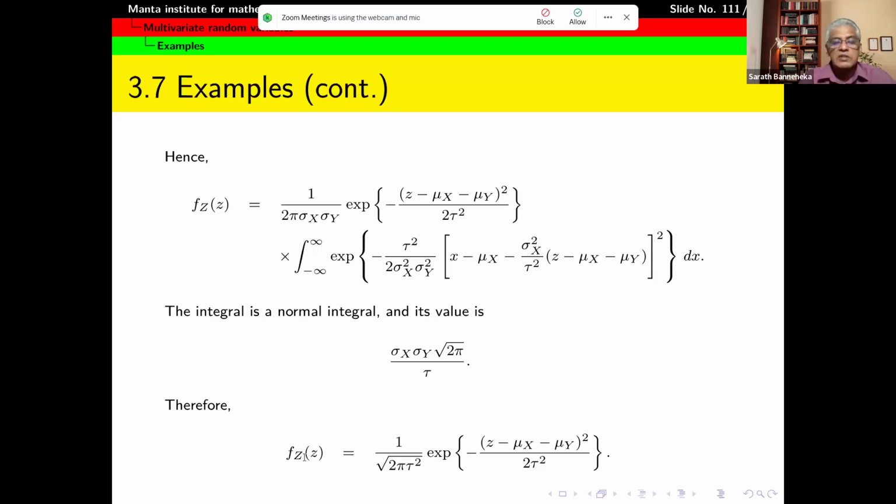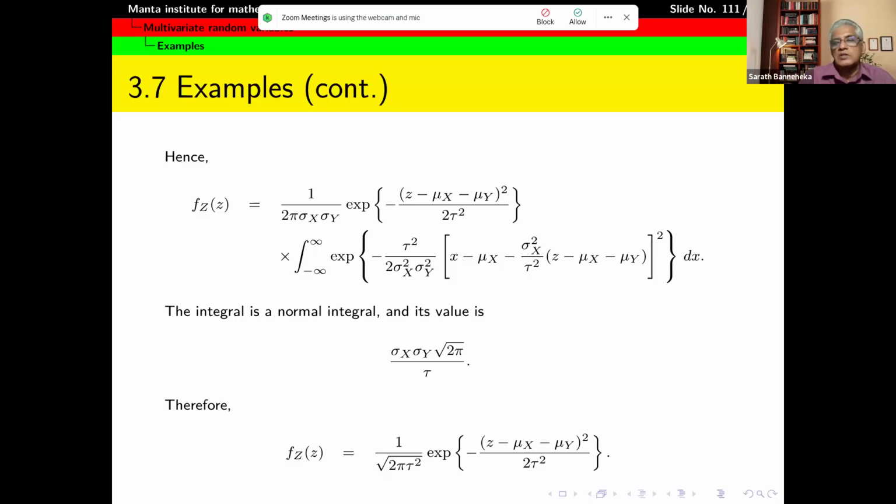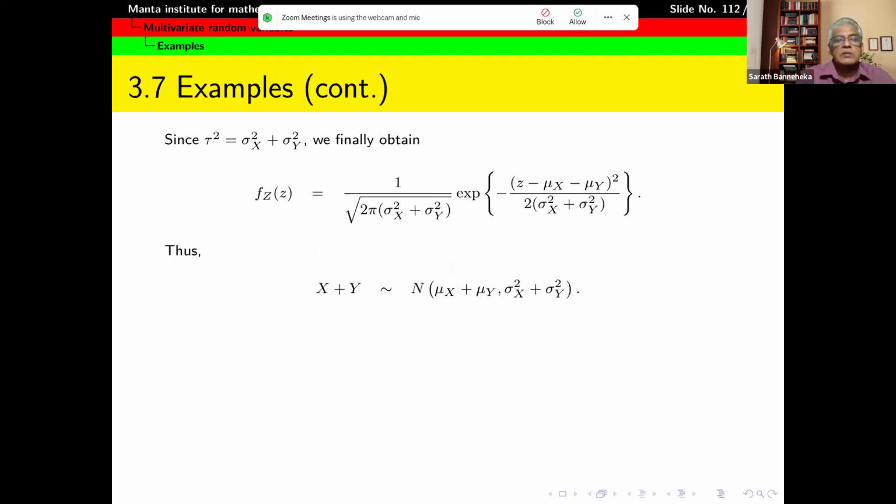And you can recognize this is the density function of a normal distribution with mean mu x plus mean mu y, and variance tau square, where tau square is equal to sigma square x plus sigma square y. So therefore, it gives us the well-known result already. But here we obtain it using the convolution formula.